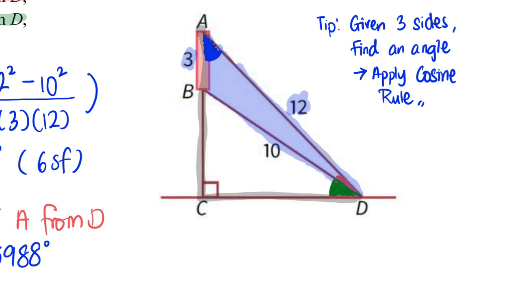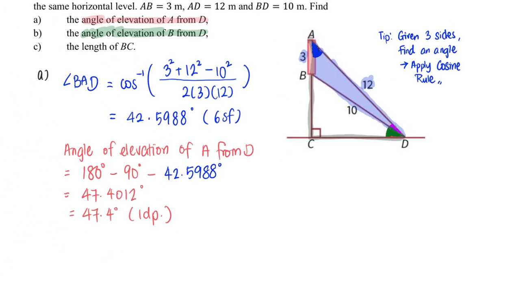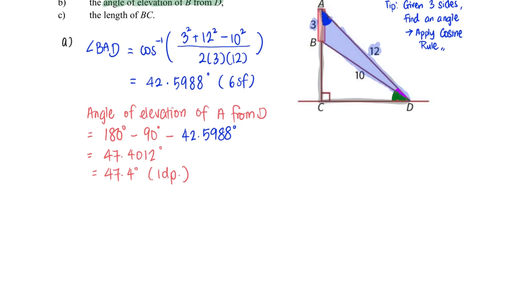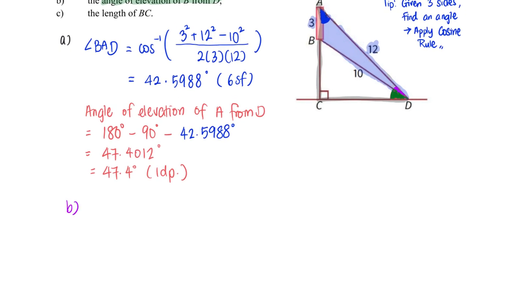So if I find this purple color angle ADB by applying cosine rule again, then I just need to minus it from angle ADC. So step 1 for part B, I will be applying cosine rule again, but this time round to find angle ADB.